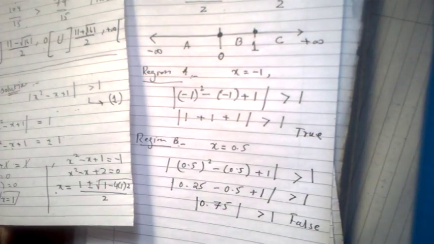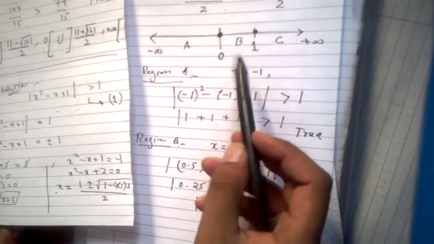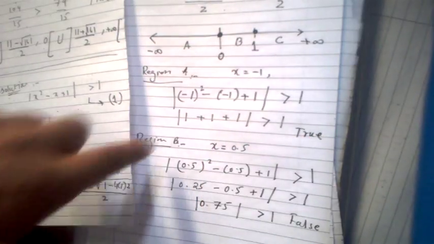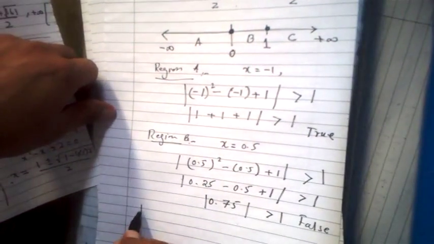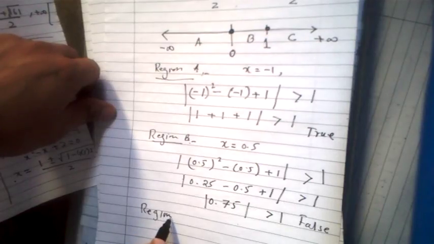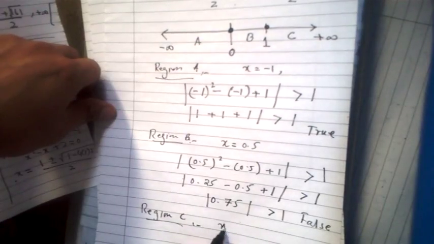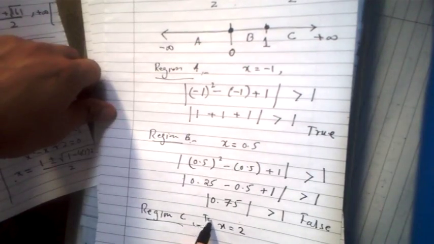The final region is from 1 to infinity, therefore x is equal to 2 is the test point in region C. Test.